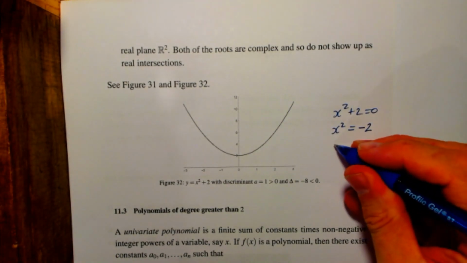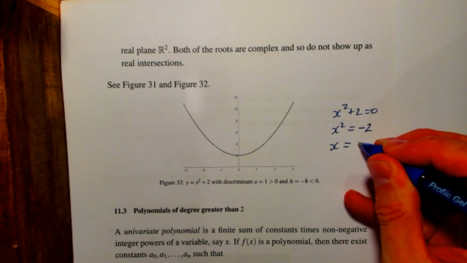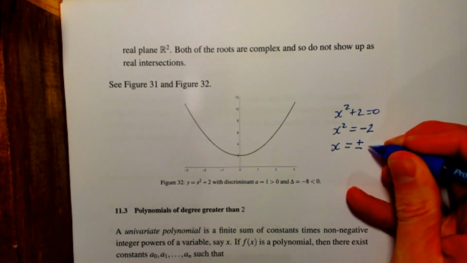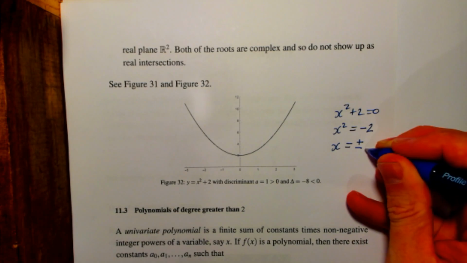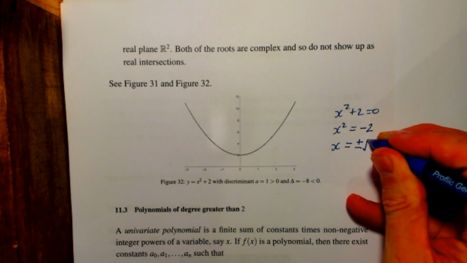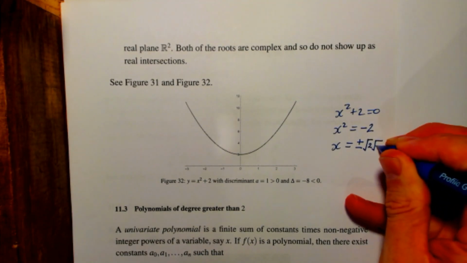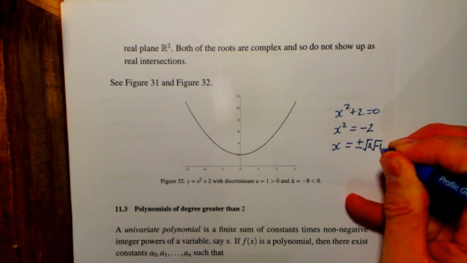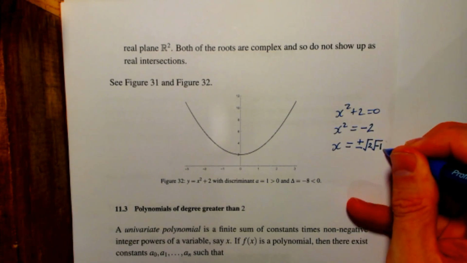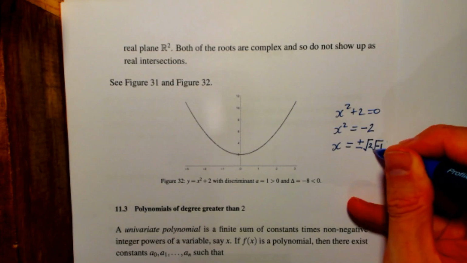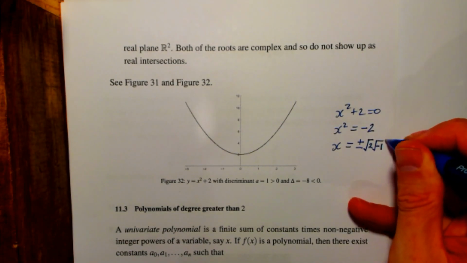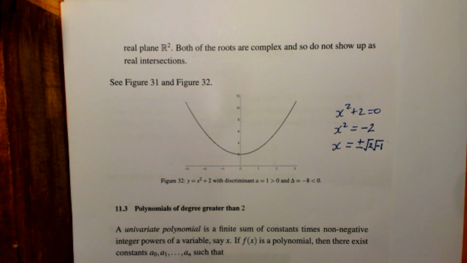But now if we take the square root, so we have x equals plus or minus the square root of minus 2, which we can write as the square root of 2 times the square root of minus 1. Okay, now this number is normally referred to as the letter i for that purely imaginary number, the square root of minus 1.